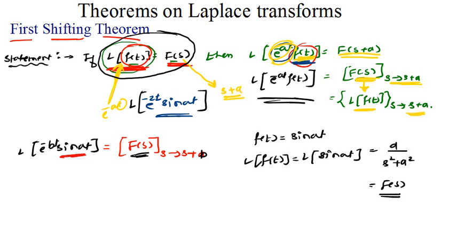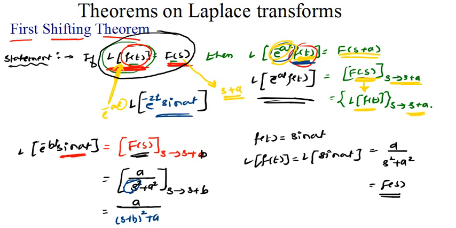In this, s will get replaced by s plus b, so this will be a upon s plus b whole square plus a square.